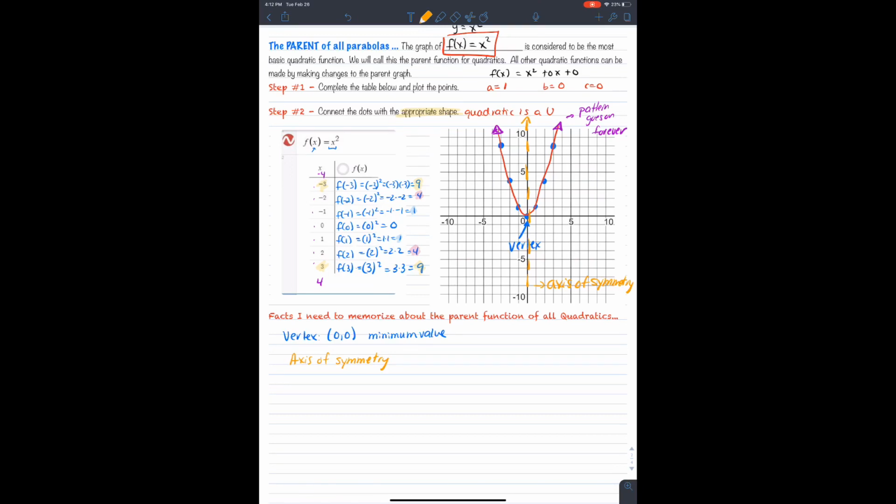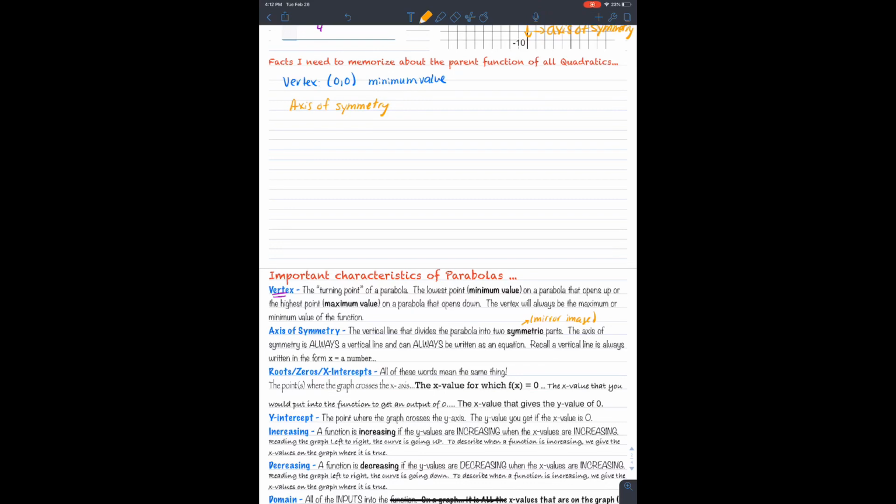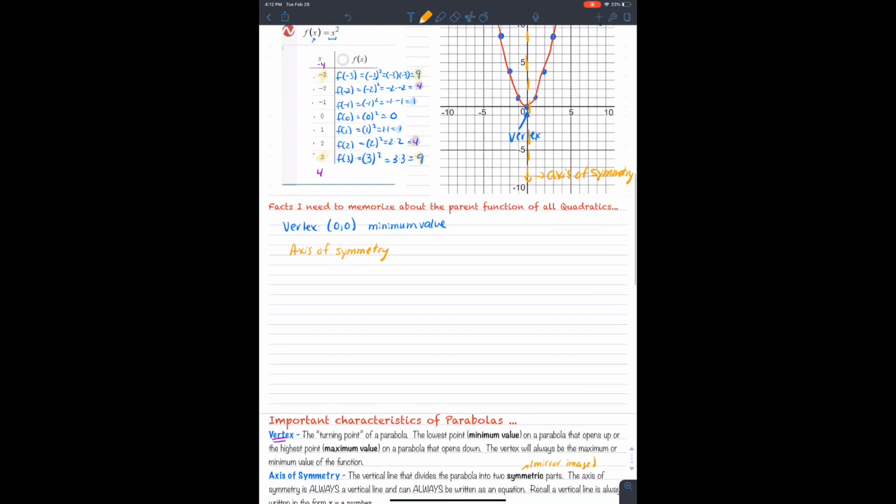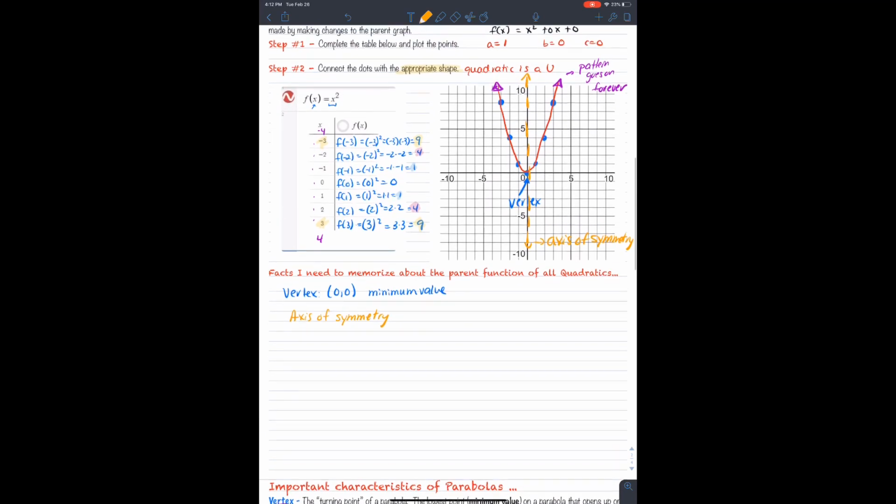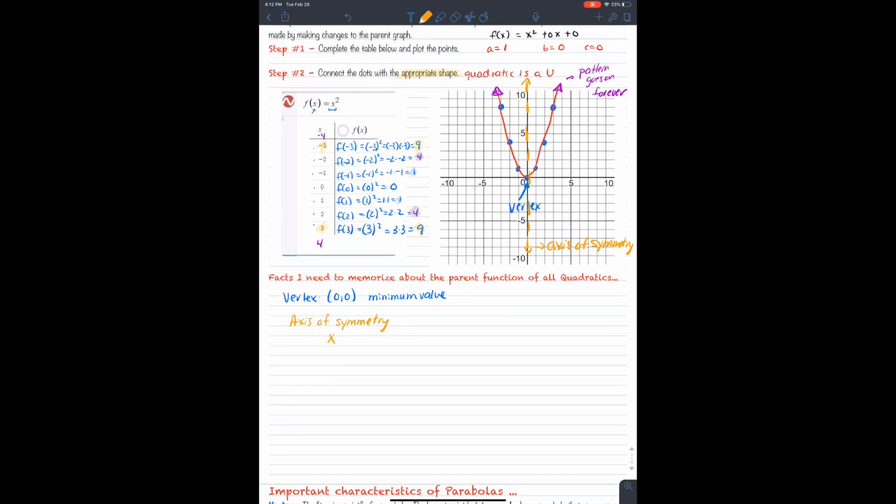We just want to see it. For instance, if I were to fold this part of the graph over that line, it would match up with the other part exactly. What we know about the axis of symmetry is that it's always a vertical line, and we can always write the equation of a vertical line. In this case, a vertical line is in the form x equals, and what x value is this vertical line going through? Well, it goes through the point 0, 0, so the x value is 0.